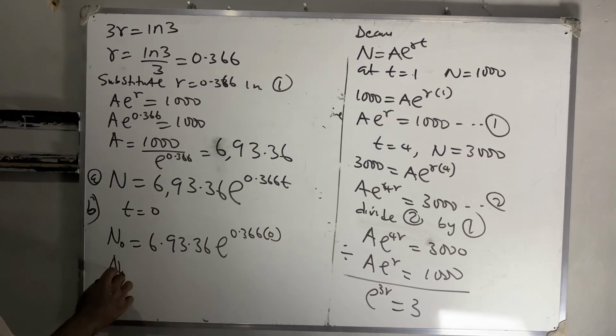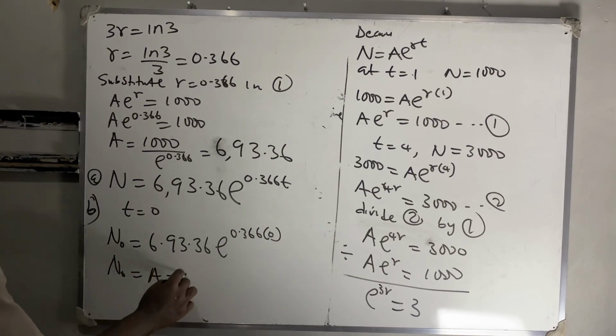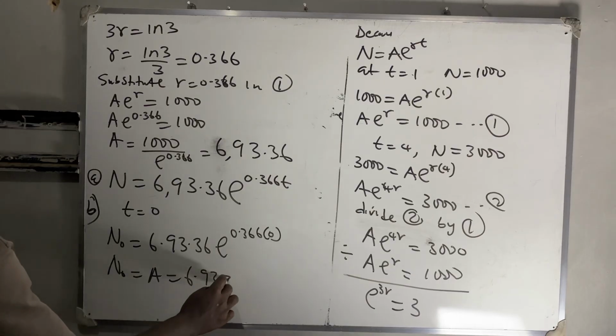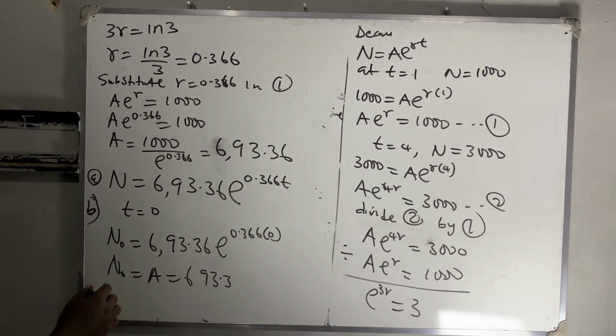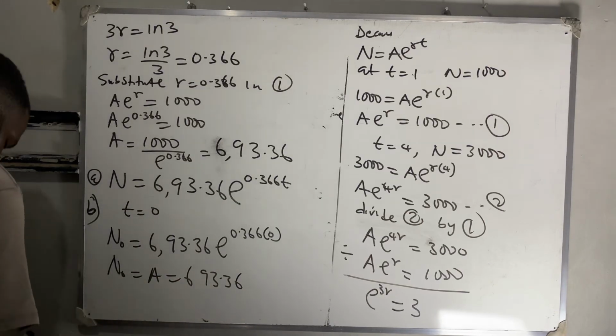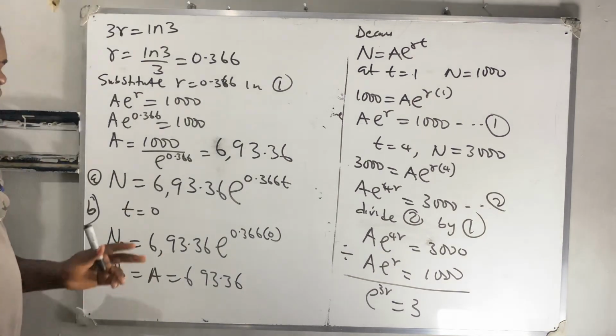So the initial population is still my A, which is 693.36 bacteria. That is what we have in the population initially before the growth.